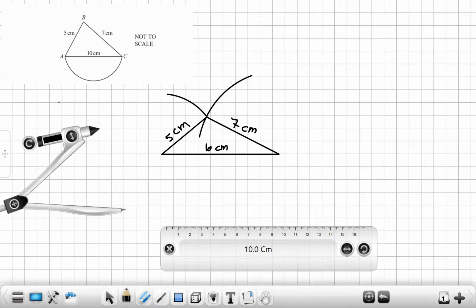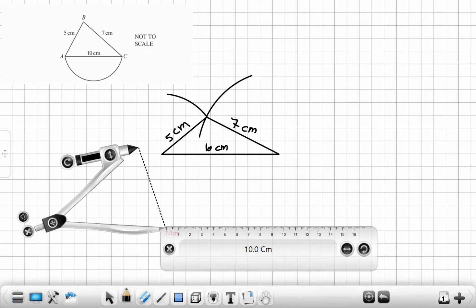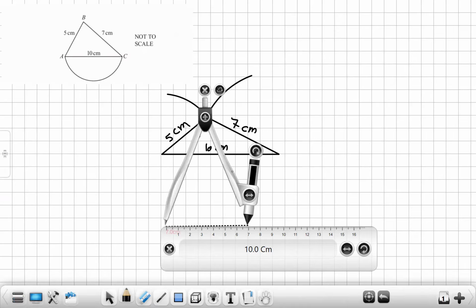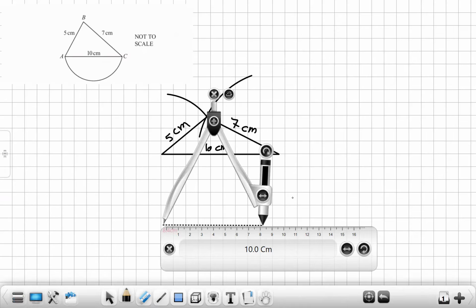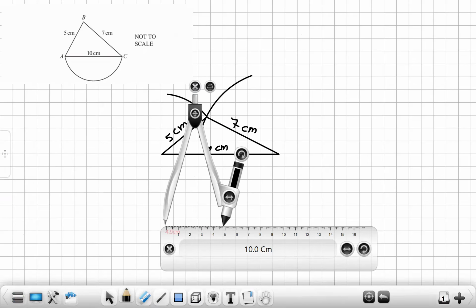To draw a circle, you must open the compasses the same size as what? As the diameter? Are you going to open it 10 centimeters? No, mister. I can't open it 10 centimeters. That's going to give me a huge circle. You must open it the same size as the radius. So 5 centimeters exactly.